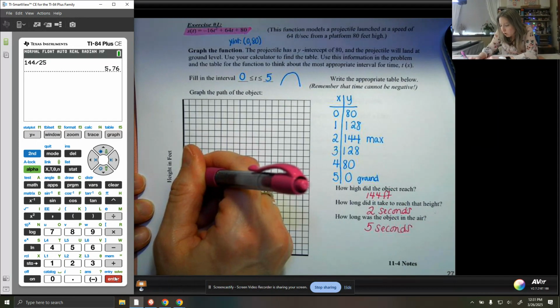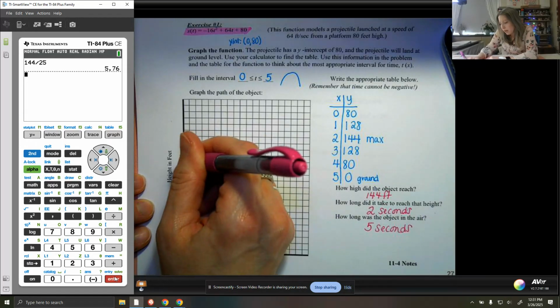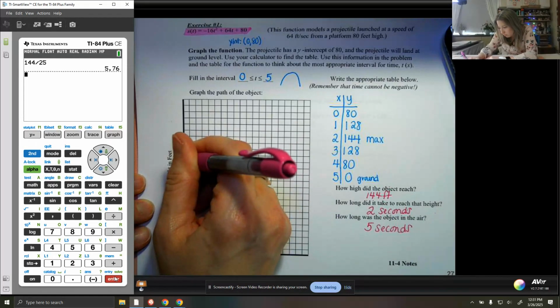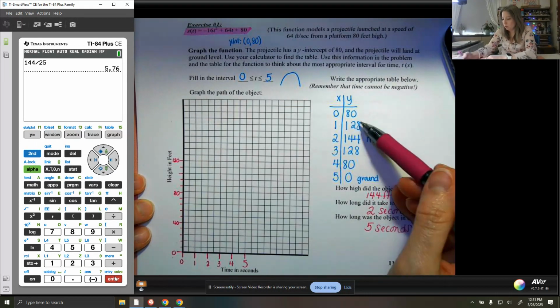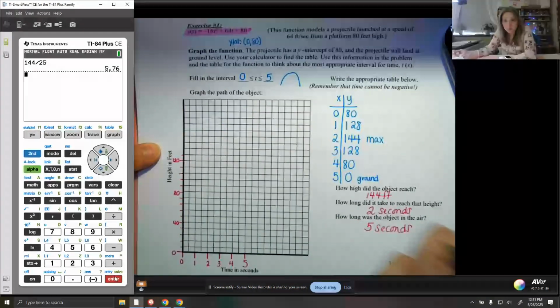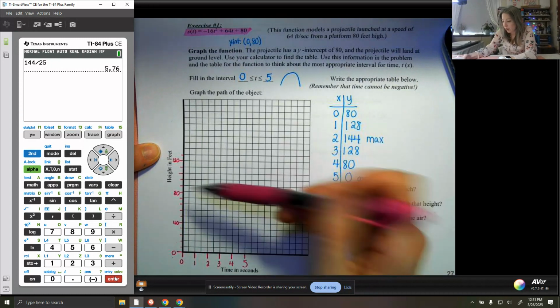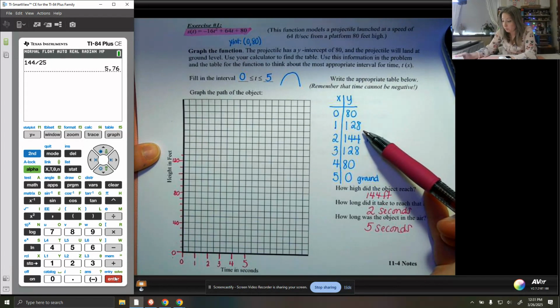Plus 8, so 104, 112, and 120. And, oh, look, this one is going to be 128, which is one of our values. So we've got 80 on there. We've got 128 on there.